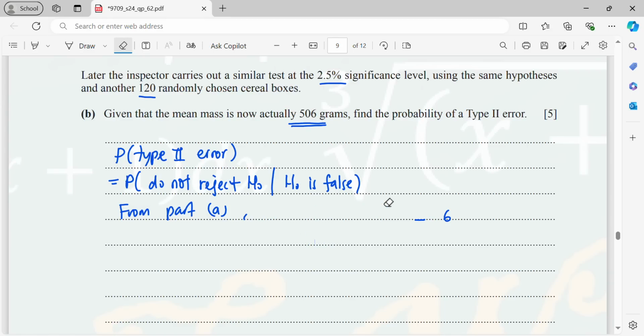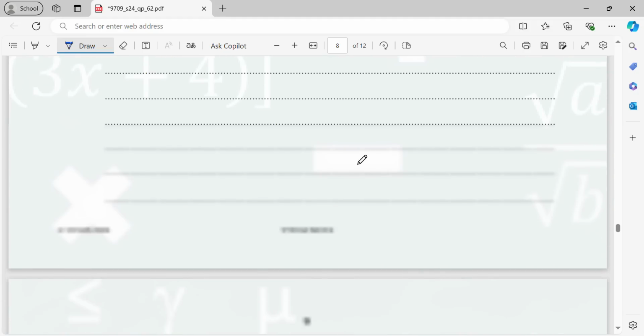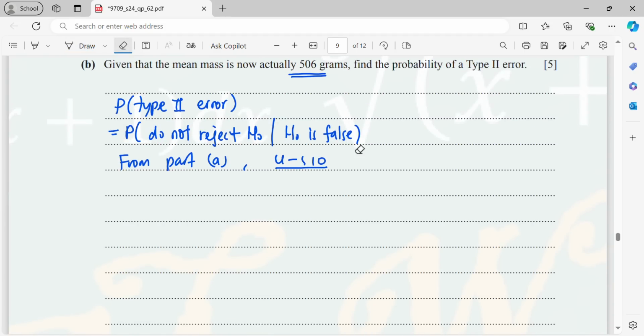So I will write A, or I write U. U minus 510 over 10 over square root 120 equals negative 1.96.